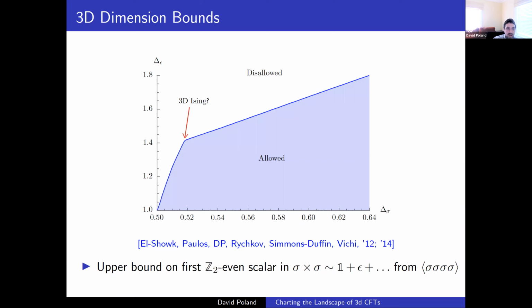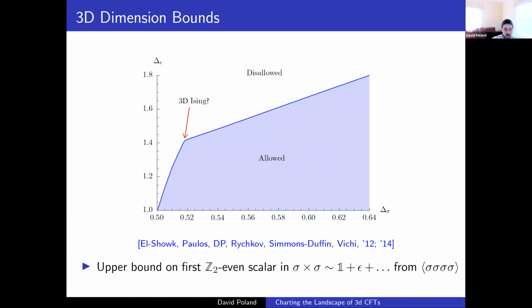And that actually seems to be the case in practice. If you look at the extremal spectrum corresponding to this boundary away from the kink, it has more operators in it than the spectrum right at the kink, where some operators decouple. That decoupling of operators seems to be related to the equations of motion of these theories. Like in the Wilson-Fisher description of the Ising model, it's a scalar with a quartic interaction.